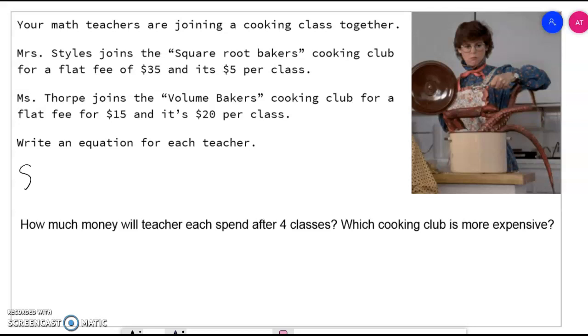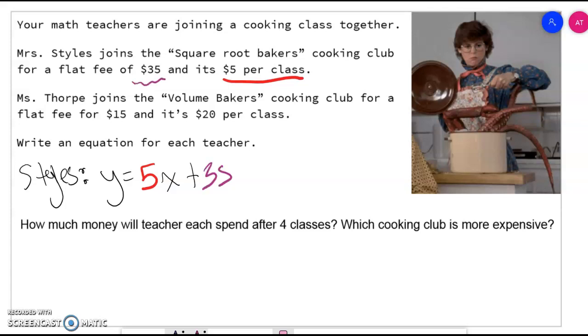So let's start with Miss Stiles. Okay, what is going to be her slope? $5 per class. So I have 5x plus, what's her flat fee? What's her y-intercept? $35. Wow, pretty good deal for a class, right?